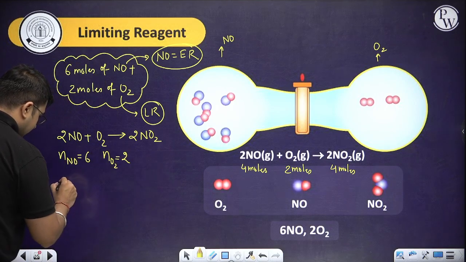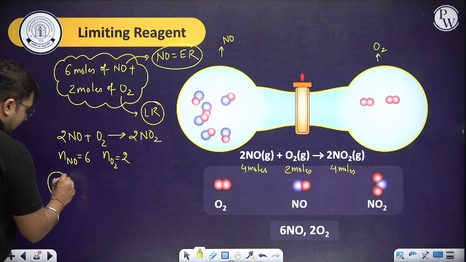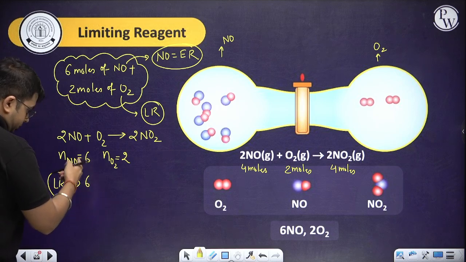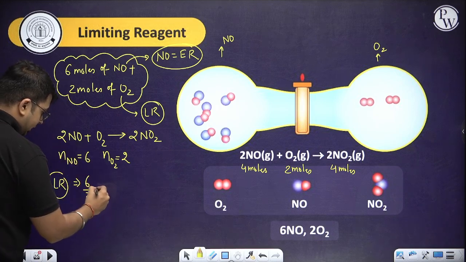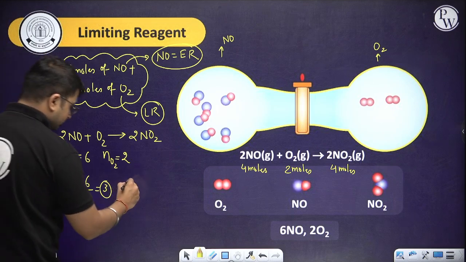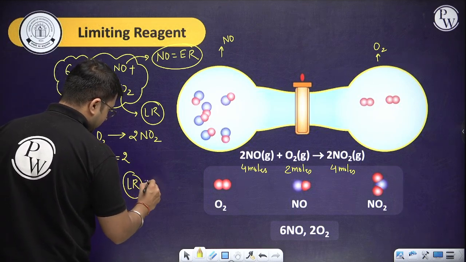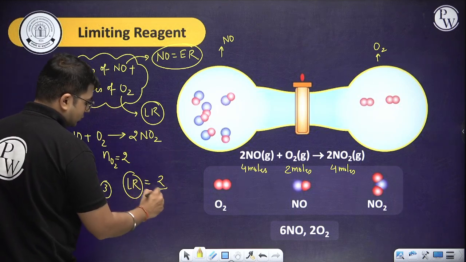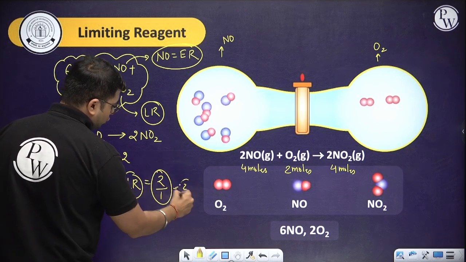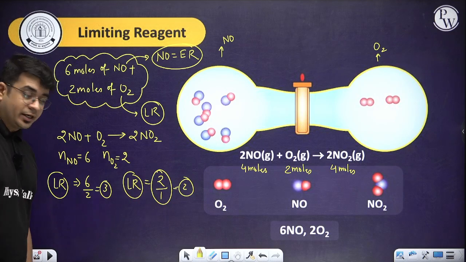So for the limiting reagent calculation, I have to divide the number of moles by the stoichiometric coefficient, which is 2 for NO and 1 for O2. The lower value will give you the idea about the limiting reagent.